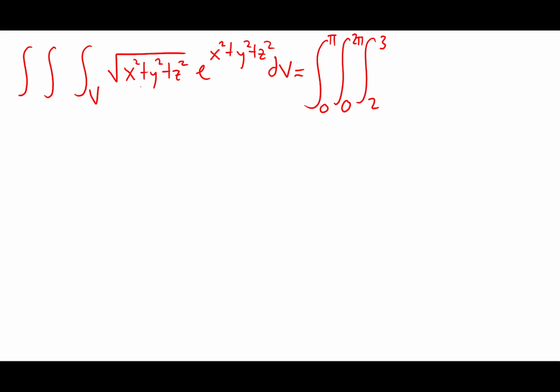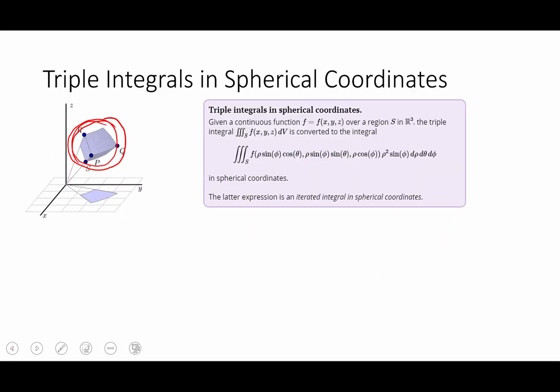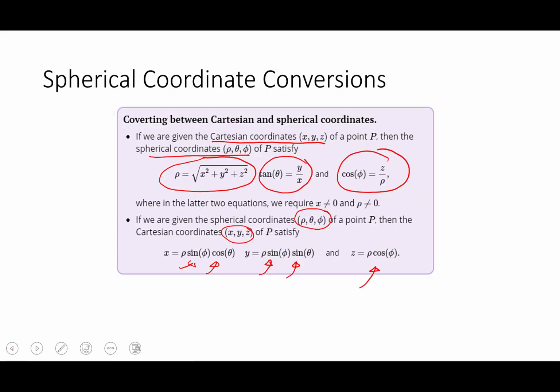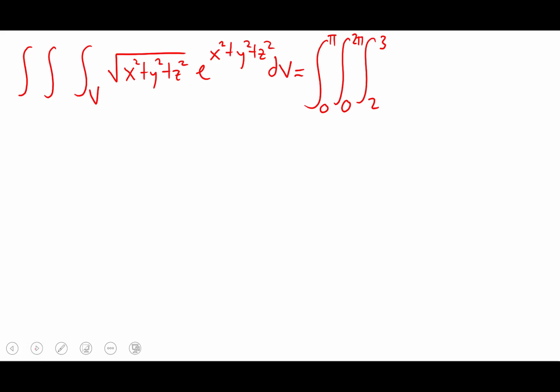Now what about our function? What's our function going to look like? Let's go back to our conversions. Where do you see x squared plus y squared plus z squared? Notice we have that right here, and this equation tells us that rho squared is equal to x squared plus y squared plus z squared. So this turns our function into something pretty nice: rho e to the rho squared, d rho d theta.